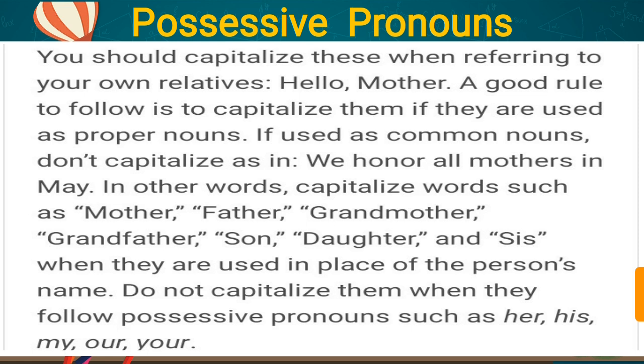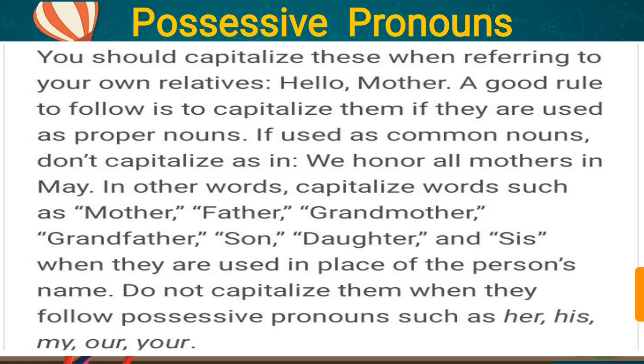A good rule to follow is to capitalize them if they're used as proper nouns. If used as common nouns, don't capitalize, as in we honor all mothers in May. Here, mothers is not used as a proper noun. We have generalized the noun mother.